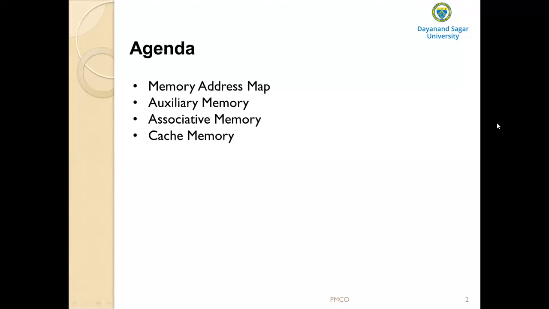So usually the RAM and ROM chips are expressed like 128 into 8, 512 into 8, 1K into 8, like that. That is how we express the memory capacity of each of these RAM and ROM in the organization.